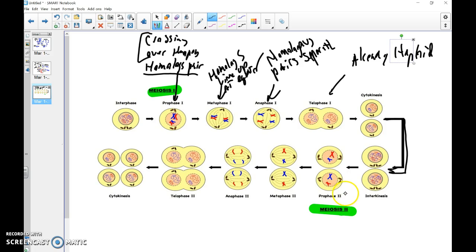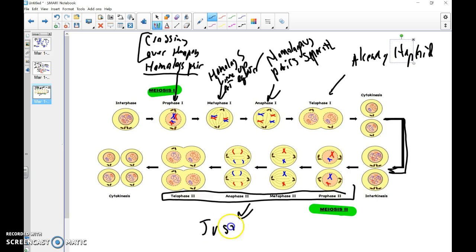Now, prophase 2, metaphase 2, anaphase 2, and telophase 2 all work just like mitosis. So during prophase 2, the chromosomes coil up into chromosomes themselves as opposed to chromatin. During metaphase 2, they line up, and you will notice right here, look, they're single file.